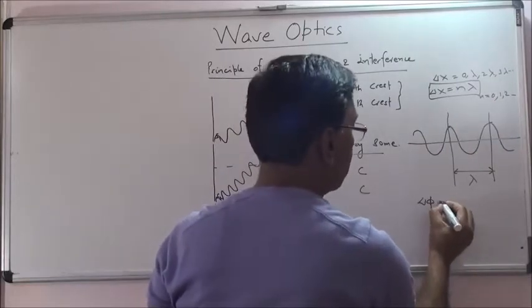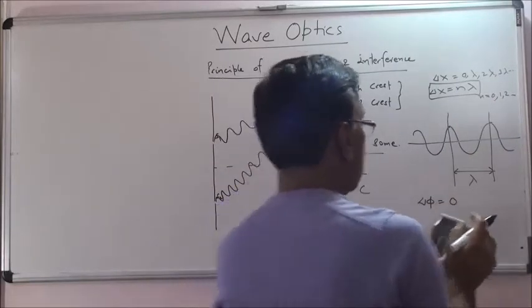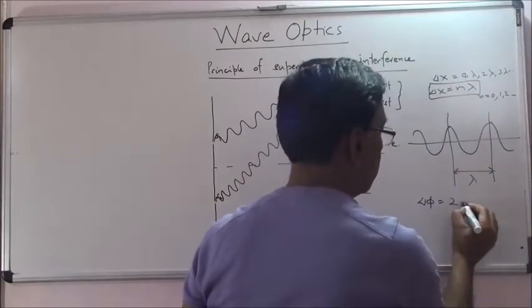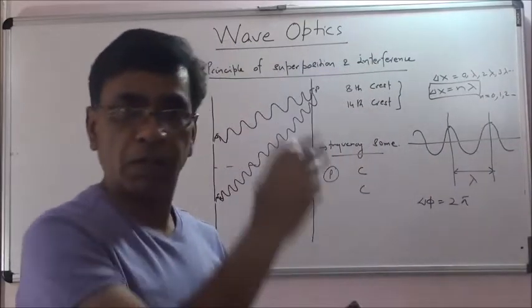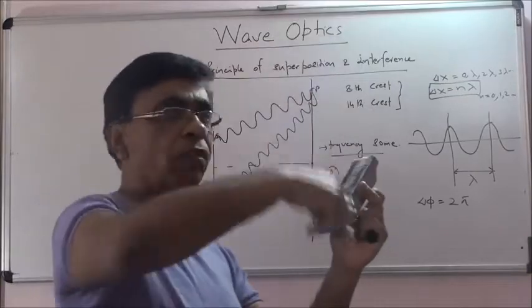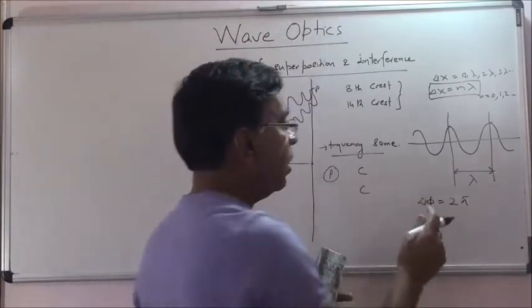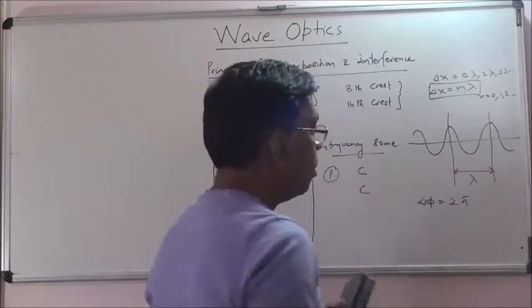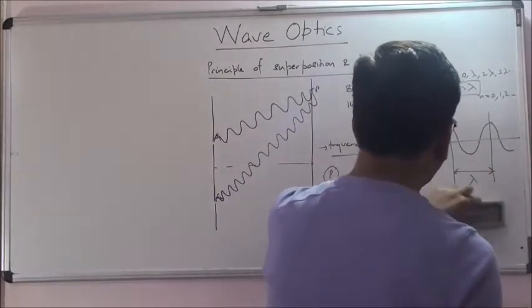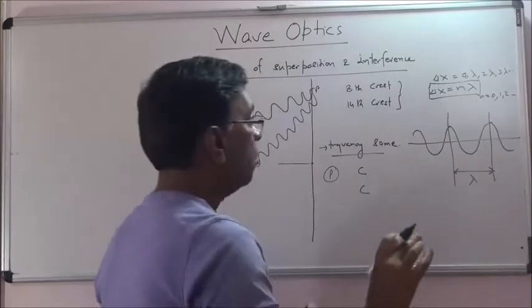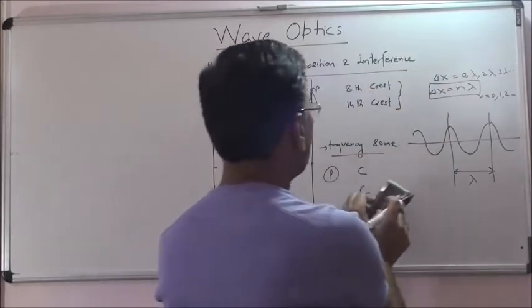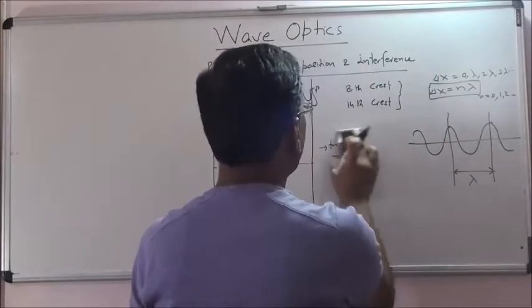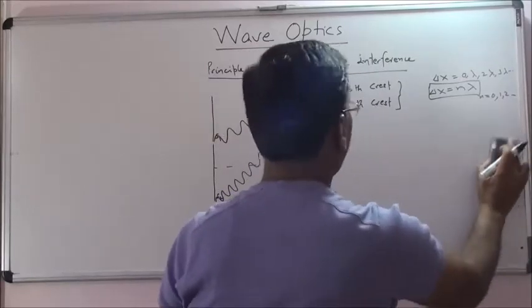Del phi is actually 2 pi for one full cycle. It is one full cycle ahead, 2 pi ahead. If there are 2 lambda, then it will be 4 pi. So I can find a relation between path difference and phase difference.